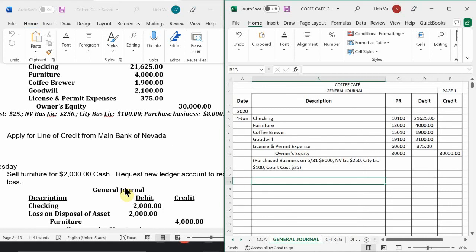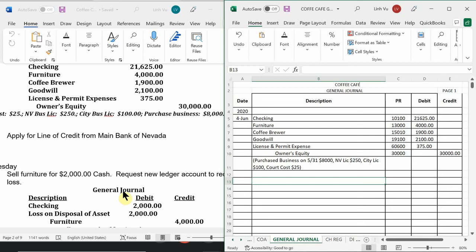Because I sold and got rid of it, I no longer have my furniture. So I need to decrease my furniture because I no longer have it anymore. Okay? So that means I need to decrease my furniture by $4,000.